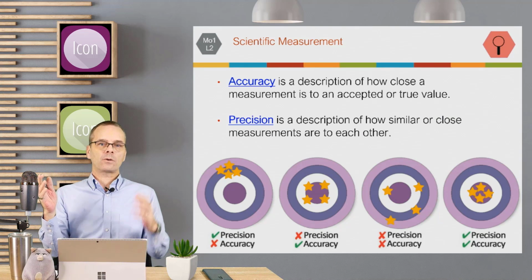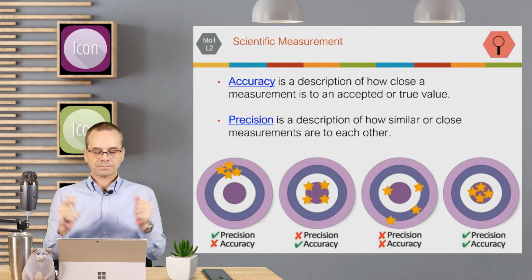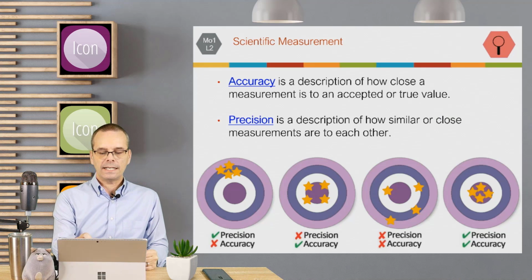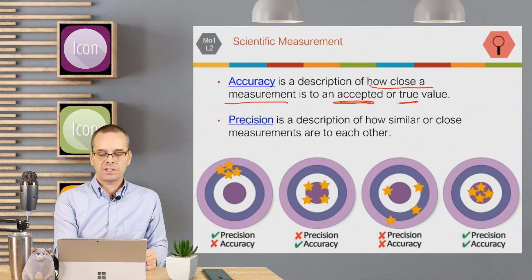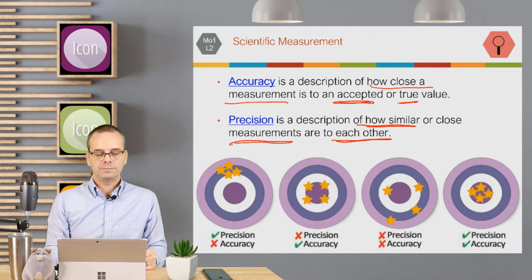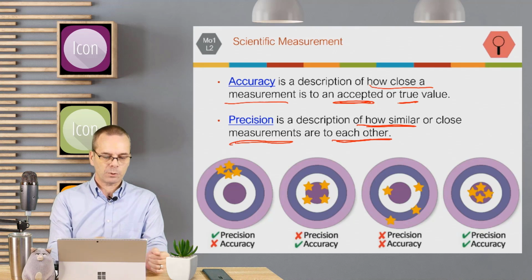Now let's talk about accuracy and precision. So remember what I said, accuracy is how close a measurement is to the accepted or true value. And precision is how similar measurements are to each other. So let's look at this example here.